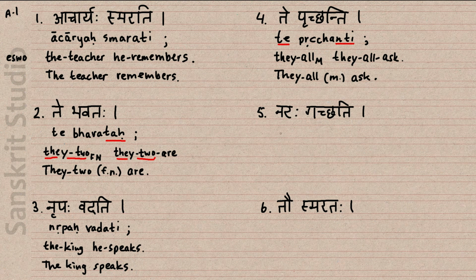And then we have naraha, number 5, naraha gacchati. So we have one nara, and then he is doing something here, gacchati.